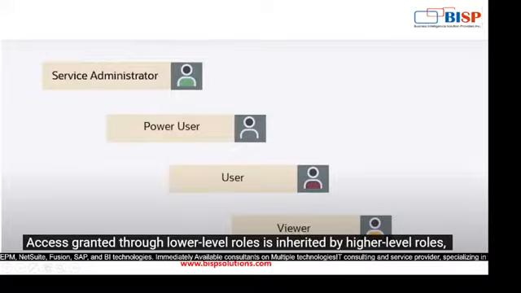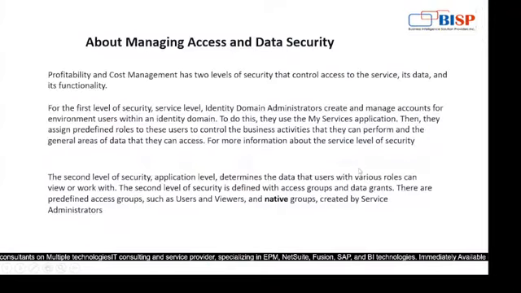At the second level, a power user can assign rights to the user as well as the viewer. But a user can only assign rights to the viewer. In this way, this is a proper hierarchy, inherited by higher level roles.